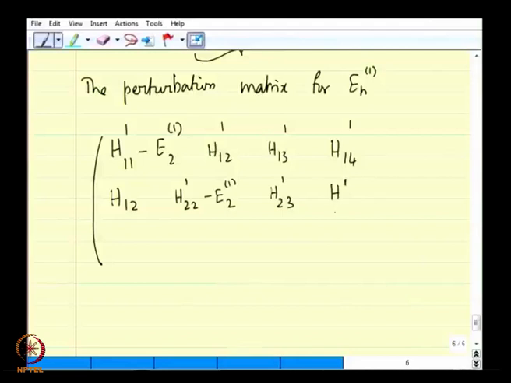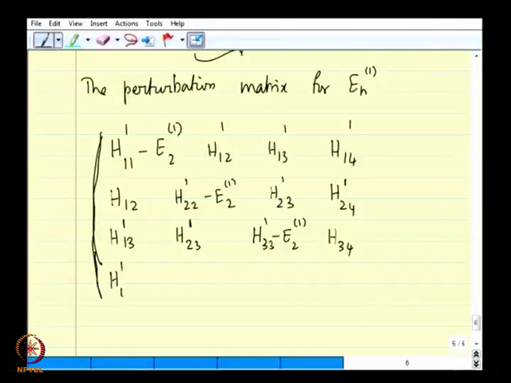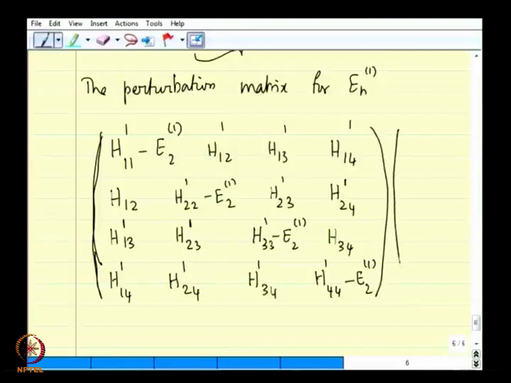This is for perturbing Hamiltonian, H1 2 4, H1 3 of 1, H2 3 of 1, H3 3 of 1 minus E 2 of 1, H3 4, H1 1 4, H1 2 4, H1 3 4, and H1 4 4 minus E 2 of 1, the 4 coefficients that we do not know, C1, C2, C3, C4, and this is equal to 1.